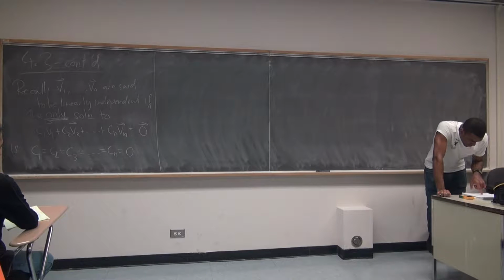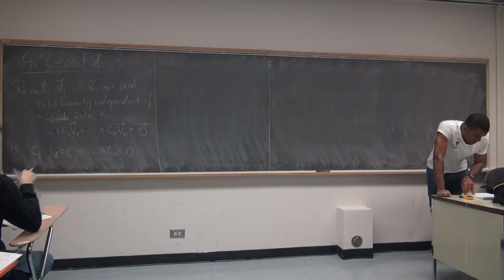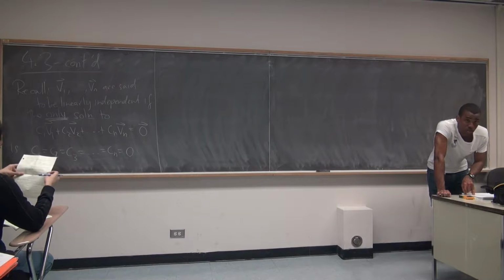And I gave you the example that the e_i's were linearly independent in R^n, right? We mentioned that. Did we finish the example about the vectors in R3 that were linearly independent versus dependent?